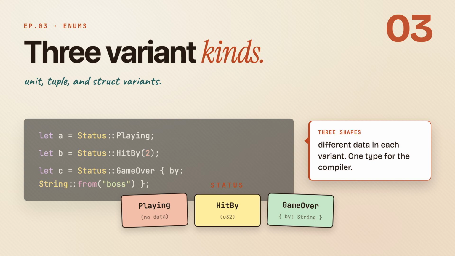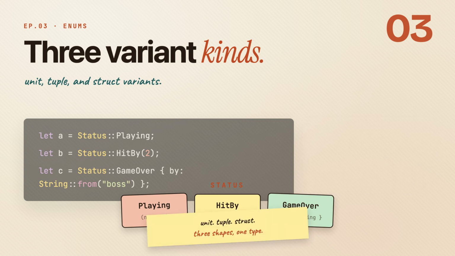Some hold no data, some hold one value, some hold named fields. The compiler still treats them as one type, Status. And this is the trick that makes enums so powerful. Same enum, three ways a variant can hold data, always one type underneath.